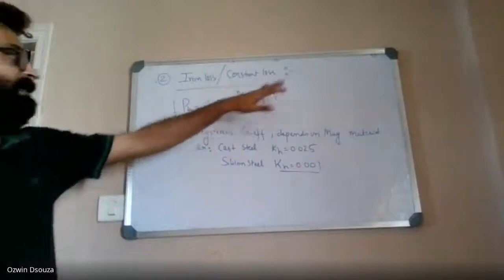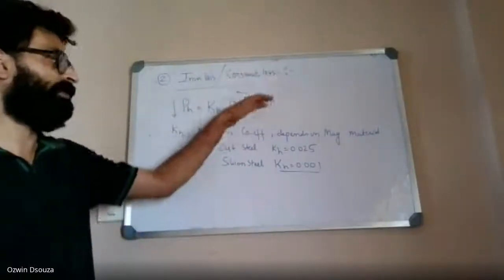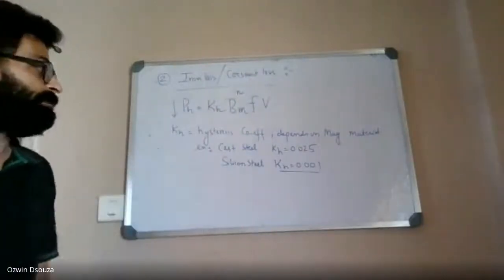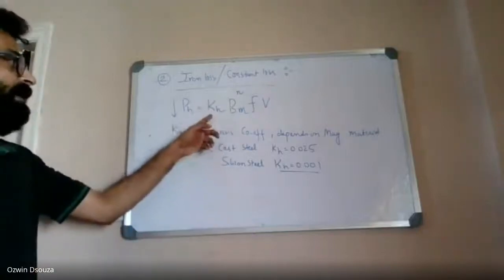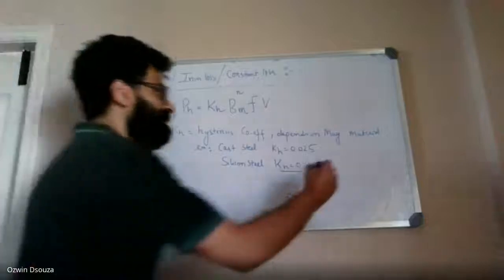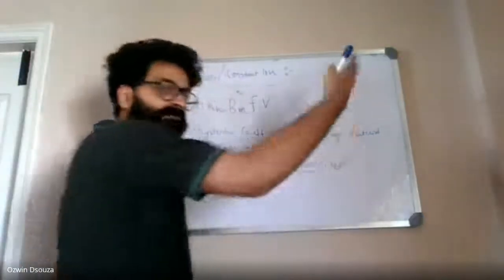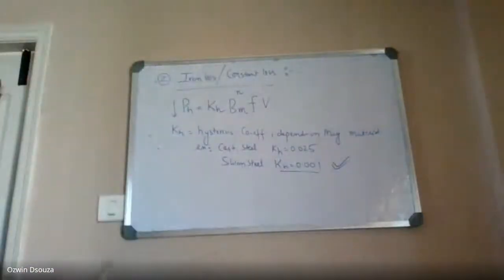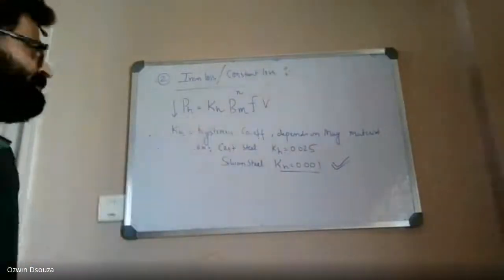That is because KH is getting multiplied with the remaining variables, correct? So that is the reason silicon steel is preferred over other magnetic materials. That's because it has a very low hysteresis coefficient.